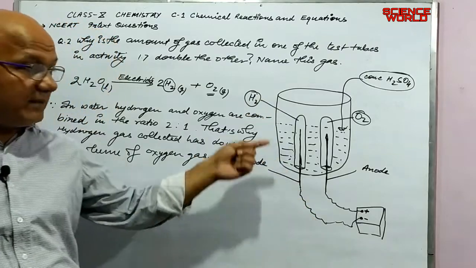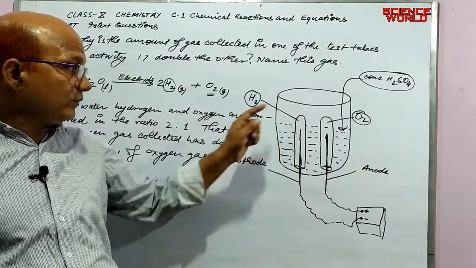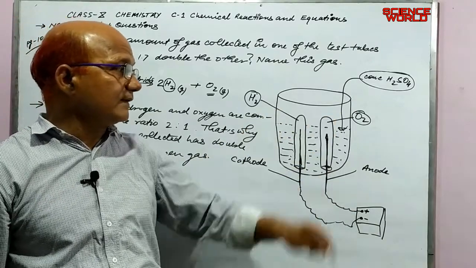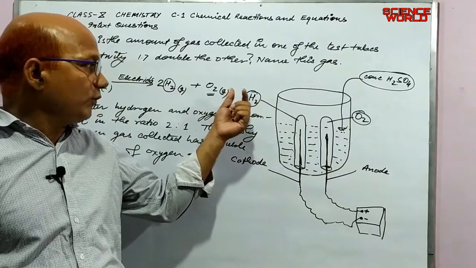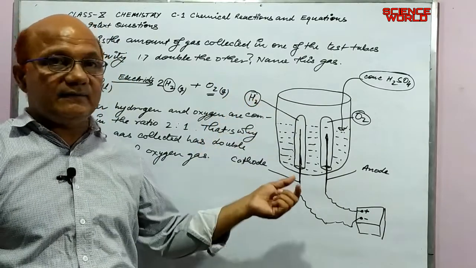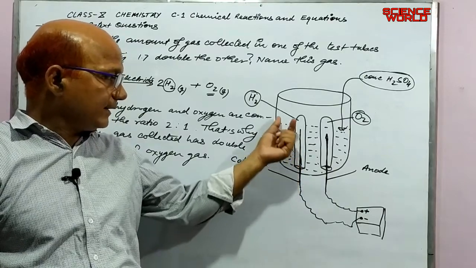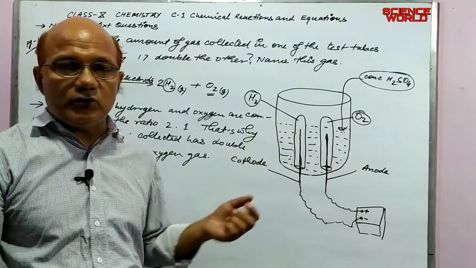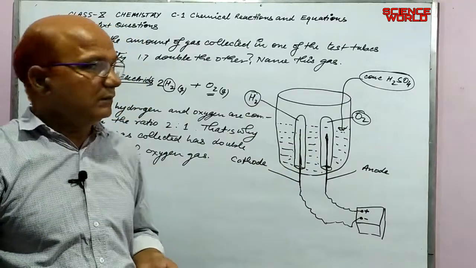So you can remember: hydrogen gas is collected at the cathode and oxygen gas is collected at the anode. The volume of hydrogen gas collected at the cathode is double the volume of oxygen gas collected at the anode.